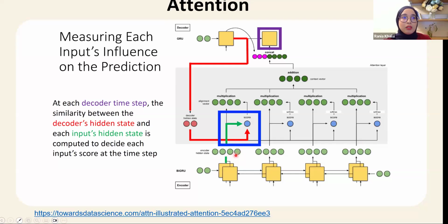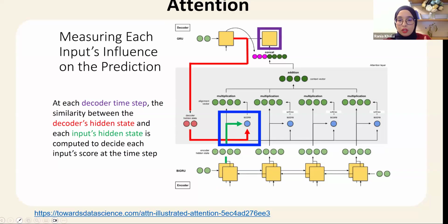The similarity metric is computed between 2 elements: the first one is the decoder hidden state, which is this one, and the other is the encoder hidden state, which is this one. This computation results in a score.